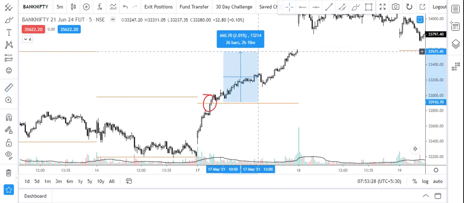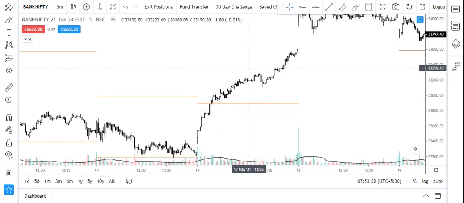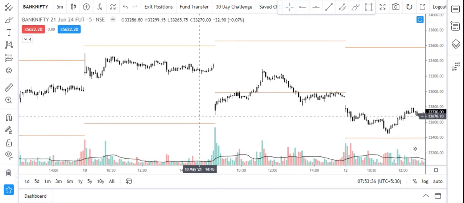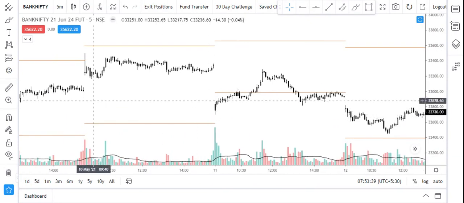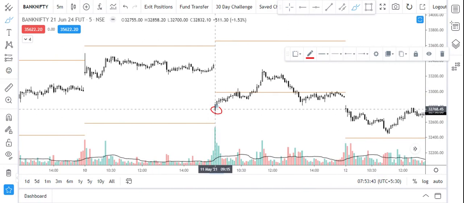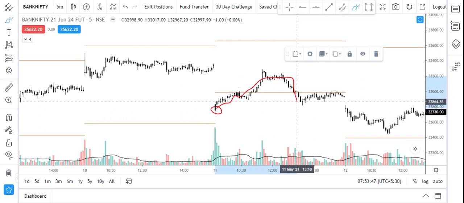Here we see again a big breakout with good volumes, and the market again gave around a 600 point move. Now I'll talk about the exceptions where we don't have to trade this strategy. First, days like this where the market opened beyond the range. The market opened below the S2 level and made a bullish candle, then came inside the range and gave a breakout.